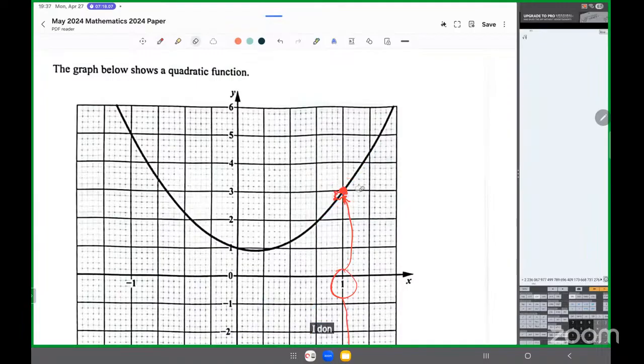But I want you to draw that tangent at this point. That looks all right.